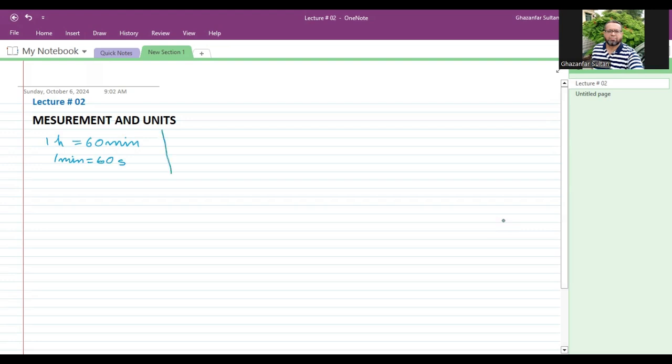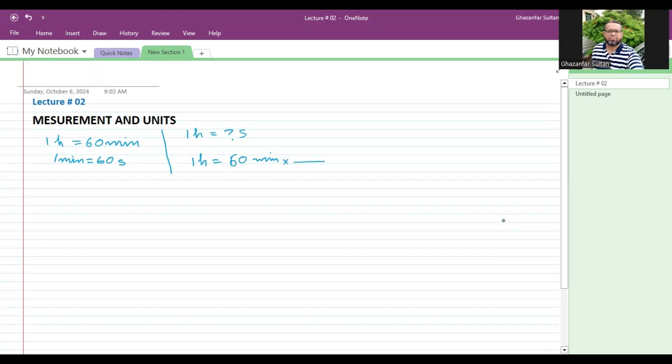So if you want to develop relationship between hour and the second, then what to do? Then 1 hour is equal to 60 minute.